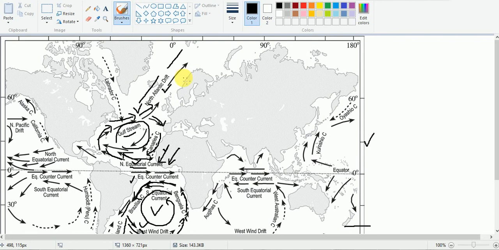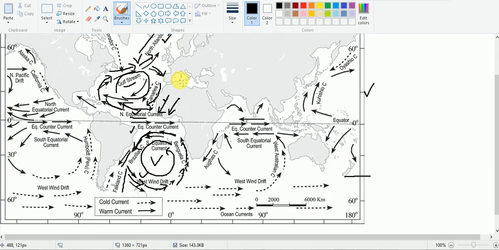So in this way, these planetary winds as well as the Coriolis force generate and affect these major ocean currents of the world.